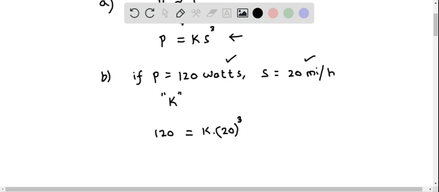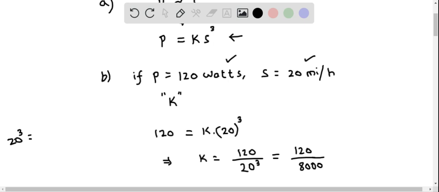Now we can solve this for k. So this implies k equals, we divide both sides by 20 cubed. So it becomes 120 divided by 20 cubed. 20 cubed is 8000, because 20 cubed equals 20 multiplied by itself 3 times.